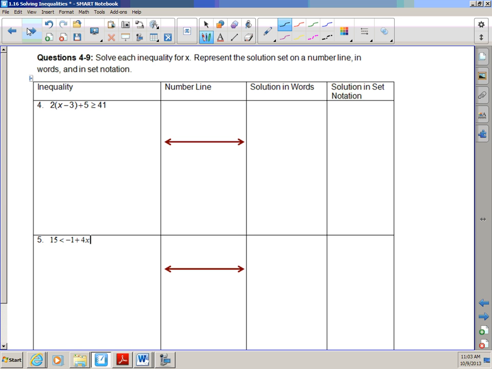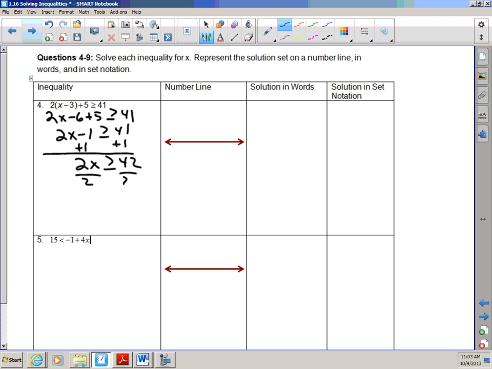I am going to solve this by first distributing the 2. Combine like terms on the same side. Please remember your steps. Use the property of equality to add 1 to both sides. And divide by 2. So x is greater than or equal to 21.